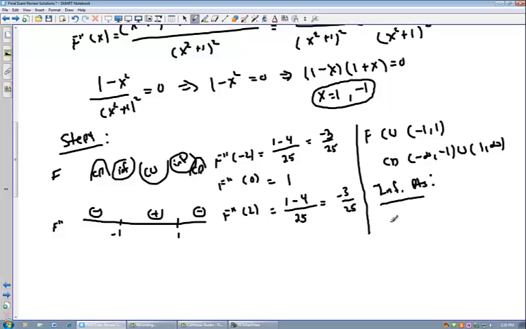We have inflection points at -1, comma, f of -1. And let's clean that up. And then also at 1, comma, f of 1.